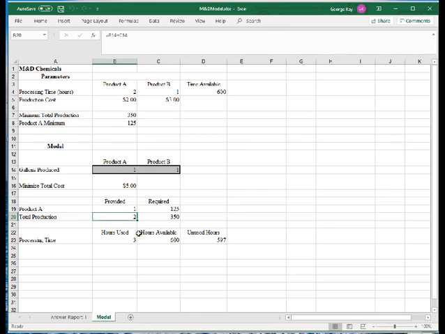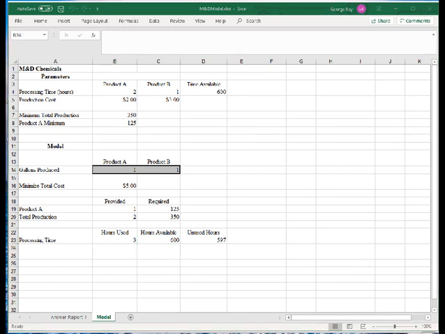Likewise, the amount provided of total production, products A and B, is 2, but we require 350. So 1 gallon of product A and 1 gallon of product B is not a feasible solution because it violates these constraints. It does satisfy the processing time constraint. We use 2 hours to produce the 1 gallon of product A and 1 hour to produce the 1 gallon of product B, for a total of 3 hours, and the hours available are 600.